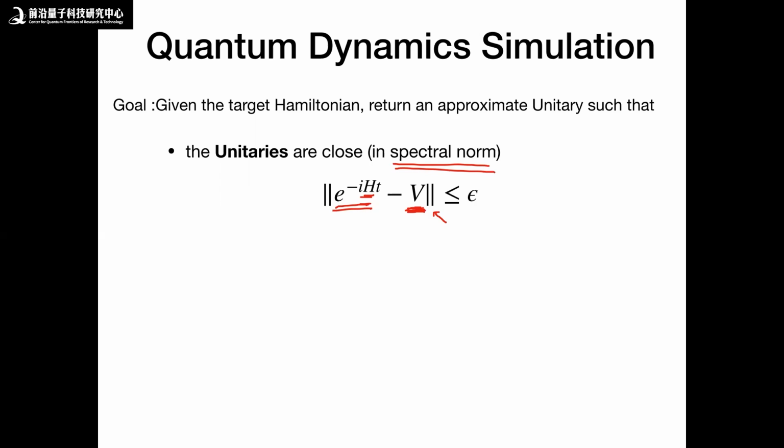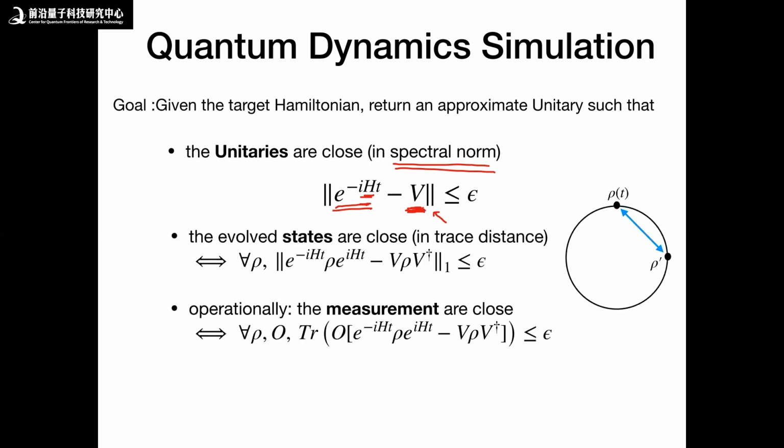There are also different ways to understand this metric. You can interpret it as acting on states: you can ask what is the worst possible error you get for the worst possible state. Or operationally, you can also include effects of observables and ask for the worst states and observable.